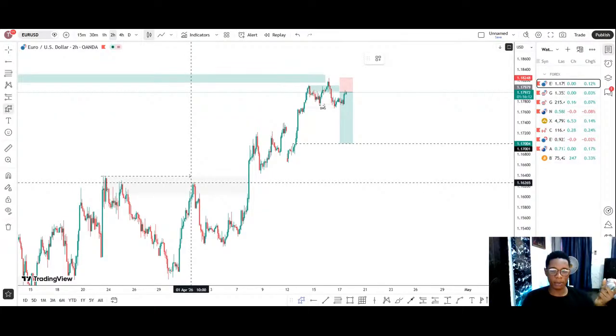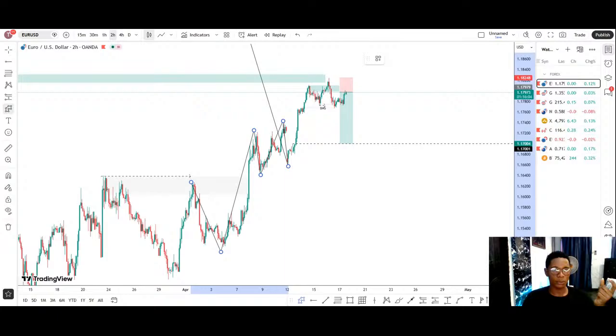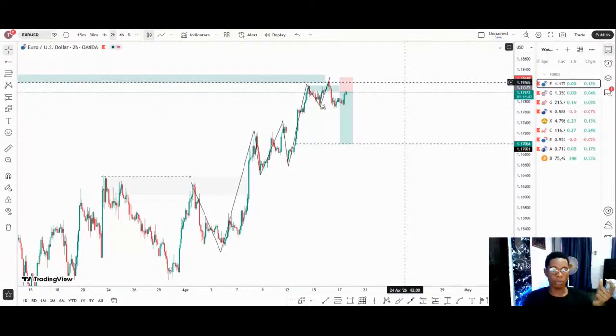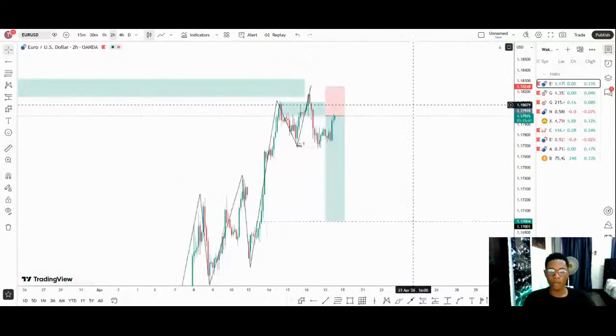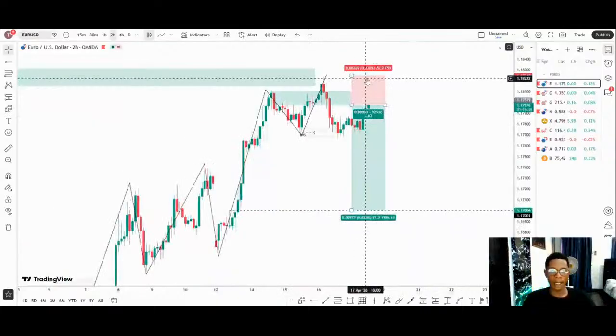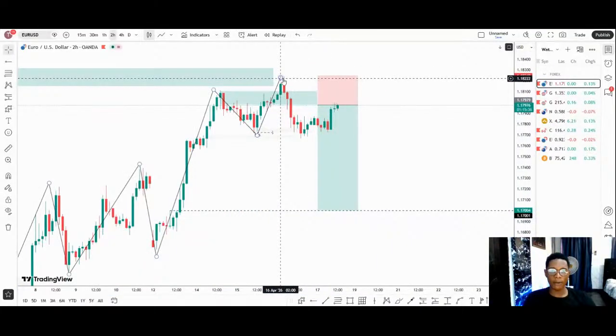We have price forming higher low, higher high, higher low, higher high, higher low, higher high. Yes, we have this new higher high that was formed right here.